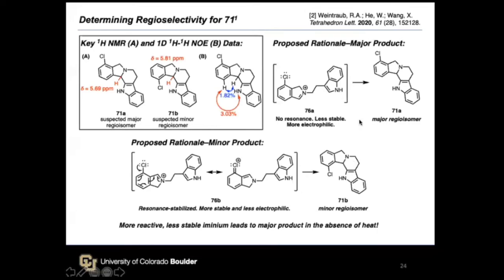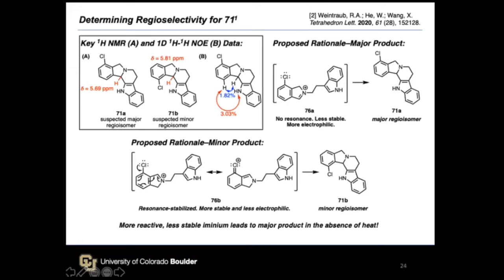The observed NOEs with the methine proton here, so in other words, the NOEs between this proton and the methine proton, and this same proton and the tryptamine NH, since we saw those NOEs, that means there's no chlorine blocking this position right here, which is the one on the aromatic ring that's closest to the methine CH.